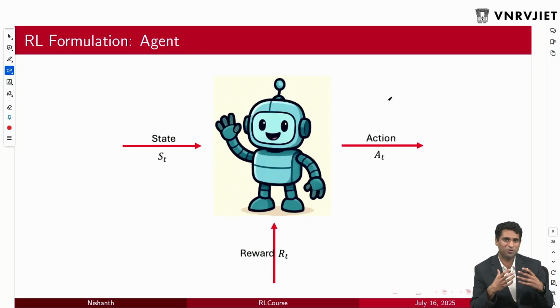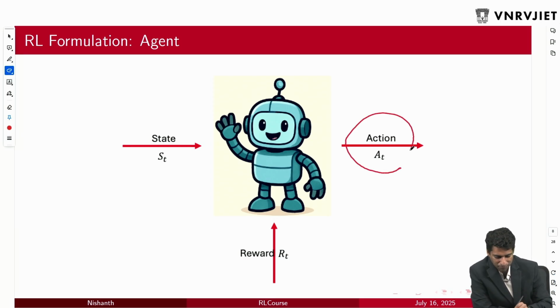Now let's have a more formal definition of reinforcement learning. Whenever we are talking about reinforcement learning, we have an agent. An agent is some entity that can interact with the environment. When I say interact, what we have is some action that an agent can take.